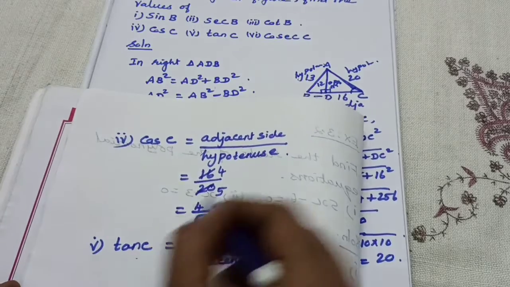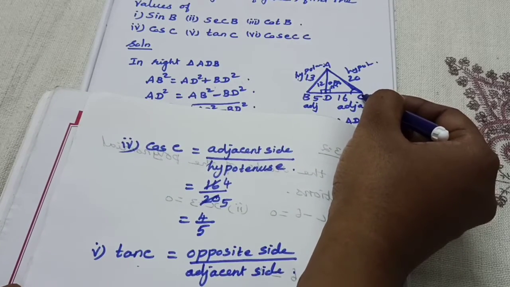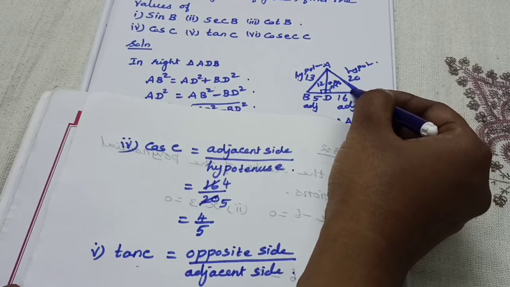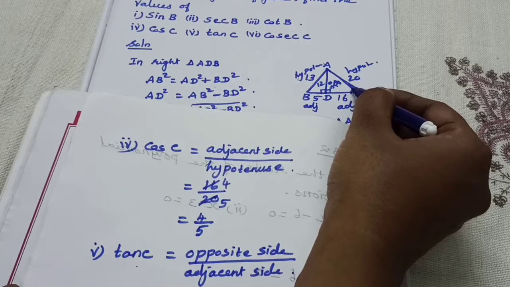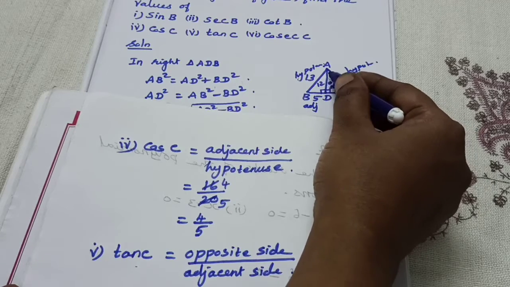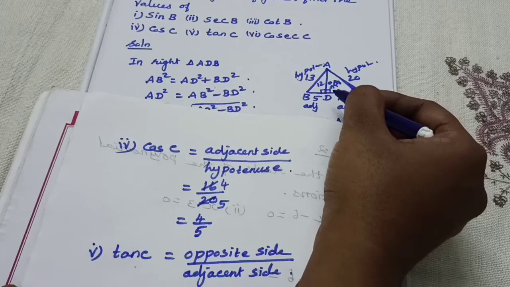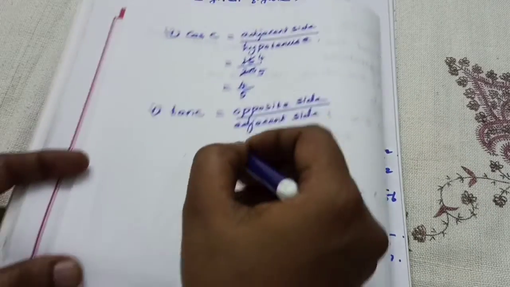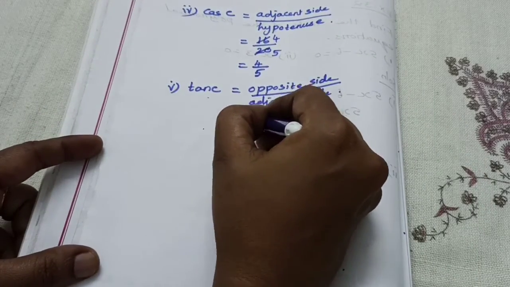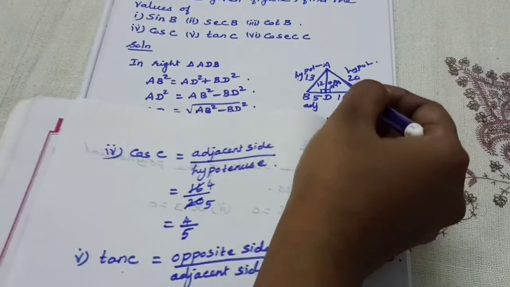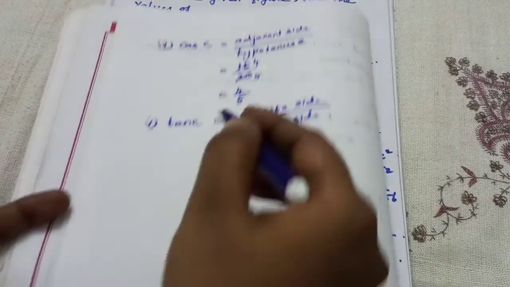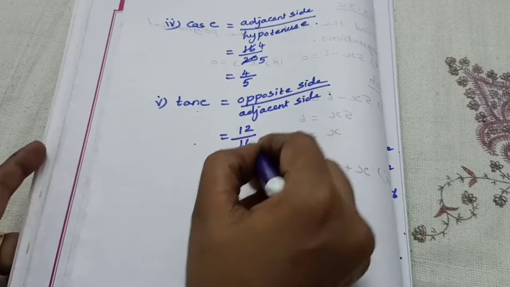Here tan C is there, isn't it? So tan C, this is an angle, then C is an angle, then which is the opposite side? This AD is the opposite side. Therefore, AD what's the value given? 12, isn't it? 12 divided by, which is the adjacent side? 16. 16 is the adjacent side.